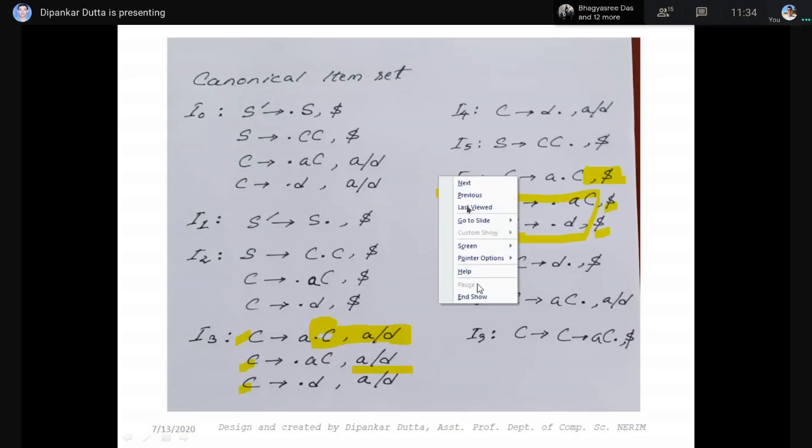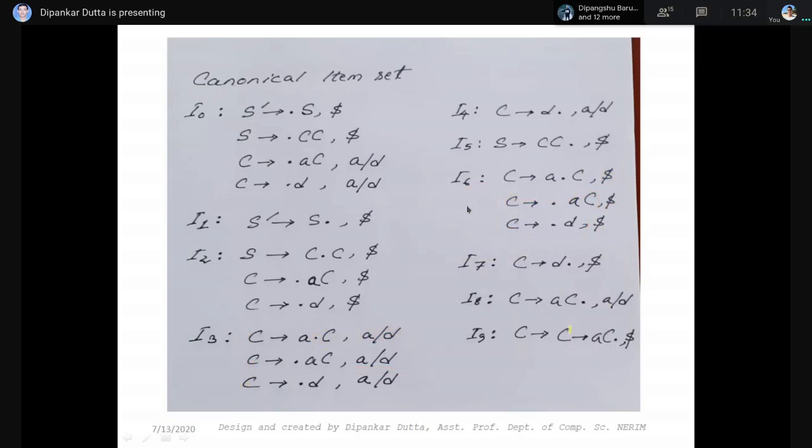Okay. So any query from others? Any query from others? Okay. Tell me. Dipangshu Barua, Isita, Monisha, Monish Singh, Mehboob, Nihal. Any questions?